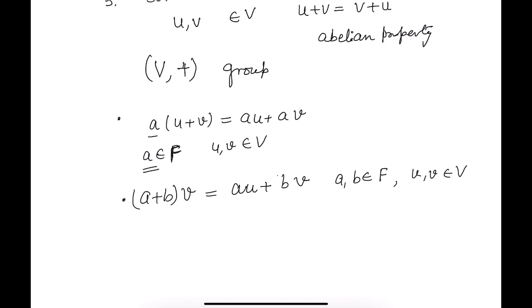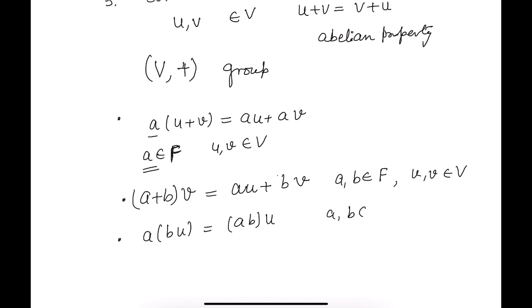The next property is very simple: a(bu) is equal to (ab)u. If we change the order of application of scalars on vectors, then the product remains the same.